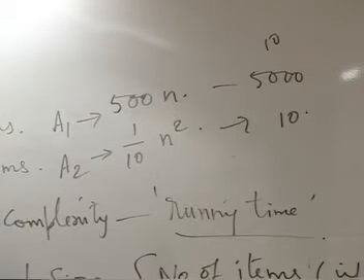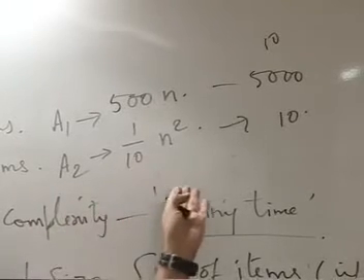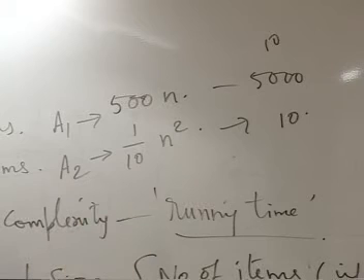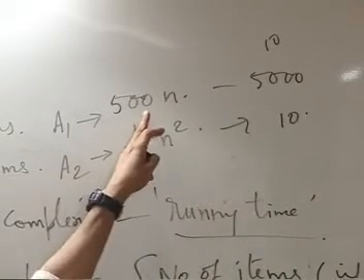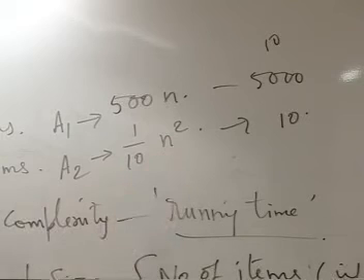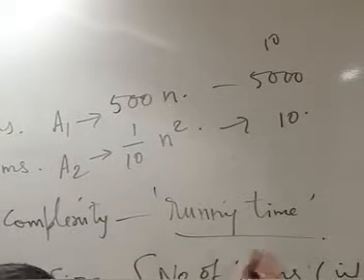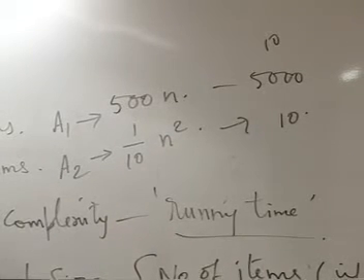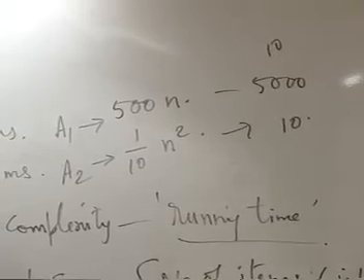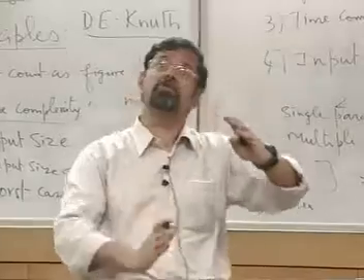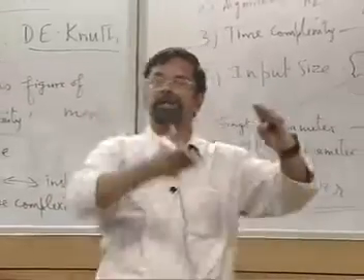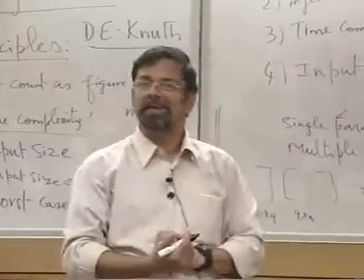As n becomes larger and larger, because it has got higher growth rate, this will become much larger eventually, and there is a point beyond which this will become much larger than this. In fact, in this simple example, we can see that 5000 is the threshold. At 5000, both the curves will meet. Beyond that, the n square curve will go very steep, the n curve will go slant.